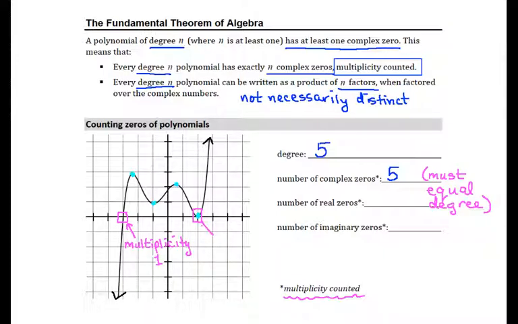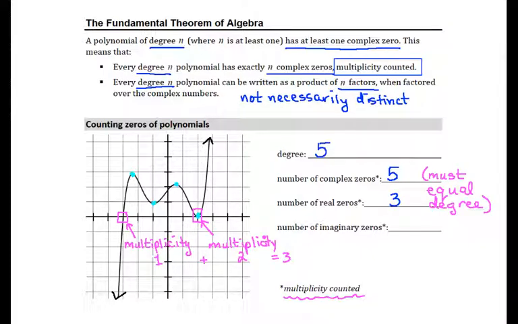It touches the x-axis but turns back around again. This is a multiplicity 2 zero. So counting up our zeros, including the multiplicity, we would say that 1 plus 2 equals 3. So we have 3 real zeros, multiplicity counted.